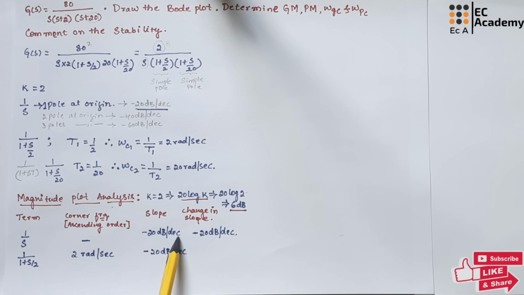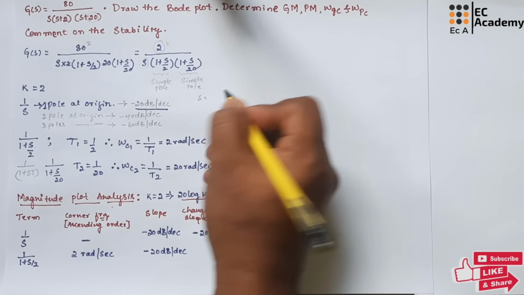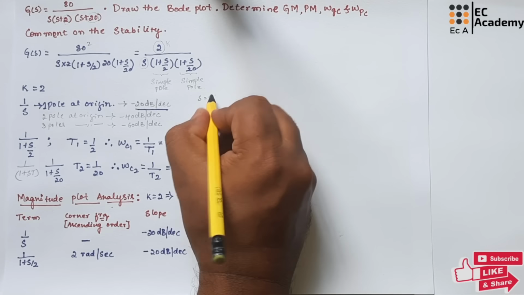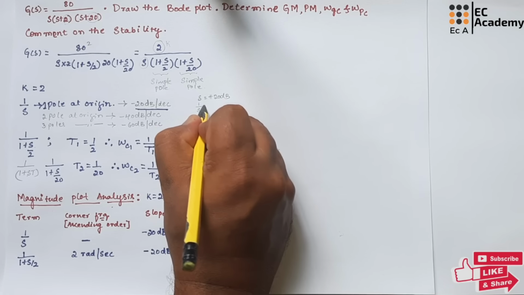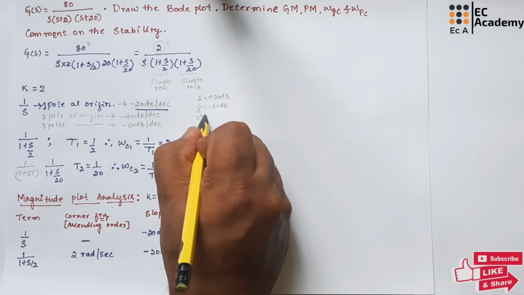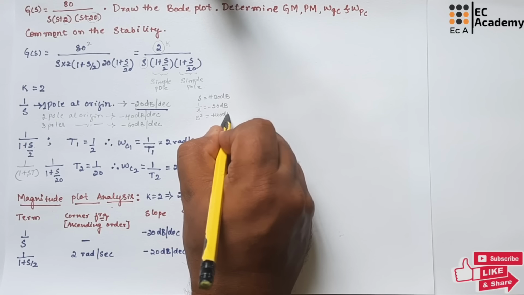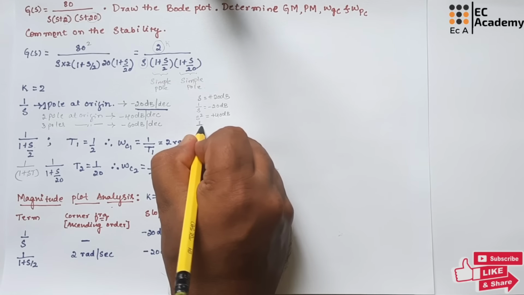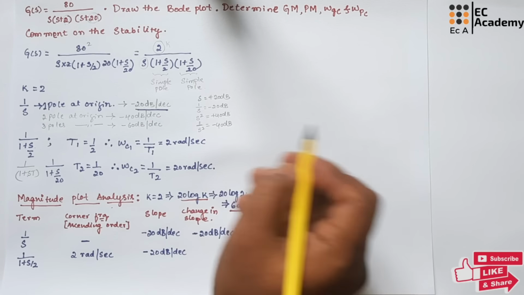So here you need to remember, while writing the slope, you need to observe the term s. Always remember, if s is in the numerator, we will be having plus 20 dB as slope. S in denominator will be having minus 20 dB as slope. S square in numerator will be having plus 40 dB as slope, and s square in denominator will be having minus 40 dB as the slope.